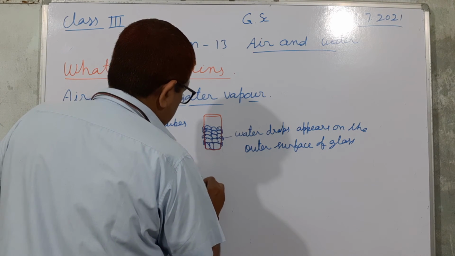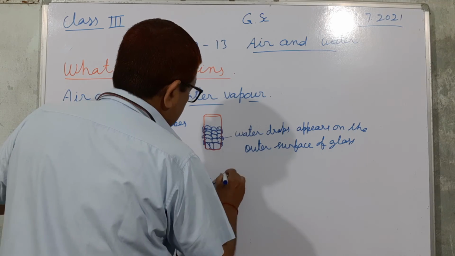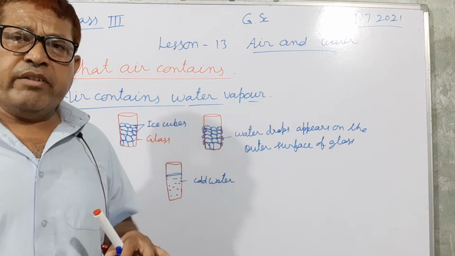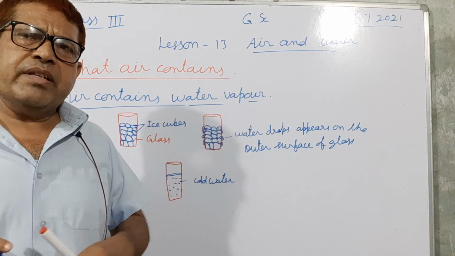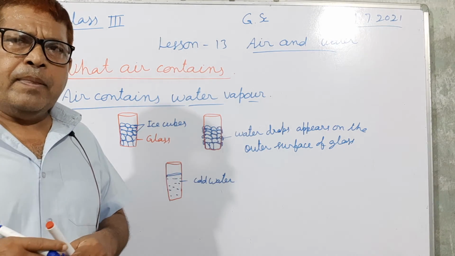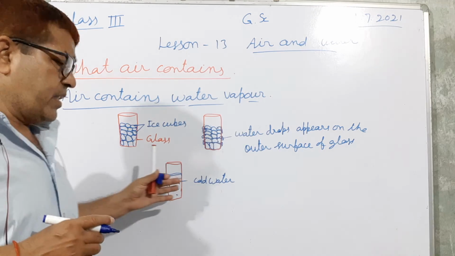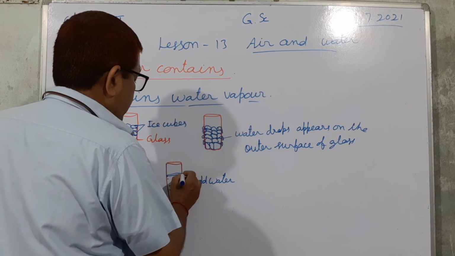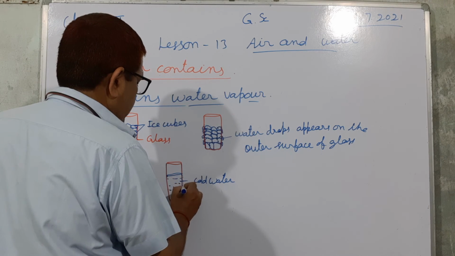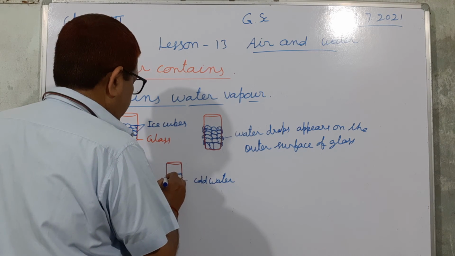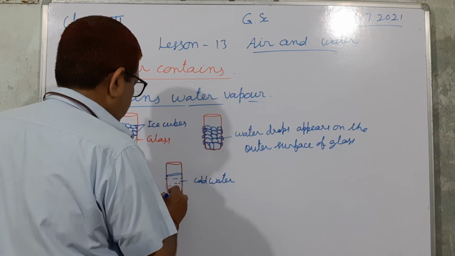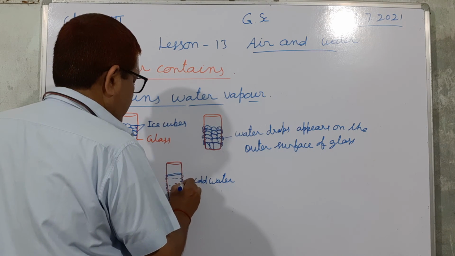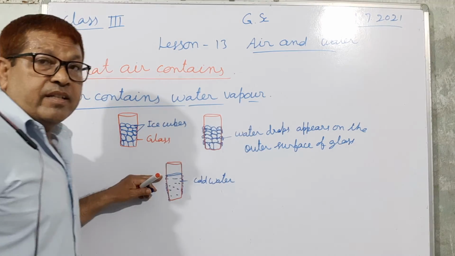This is cold water. If you take cold water, every day you see this process in your life. You observe that water drops appear on the outer surface of the glass, up to this level only.